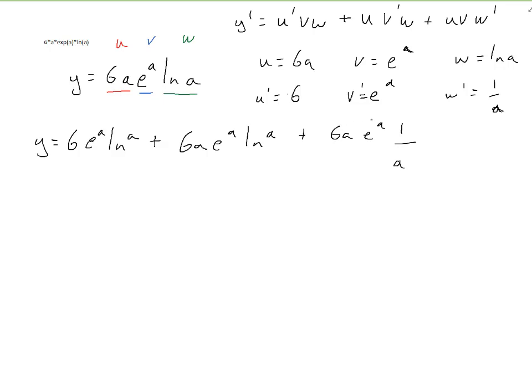So the only real simplification here is that in the last step you can cancel this with this, so you have 6a.